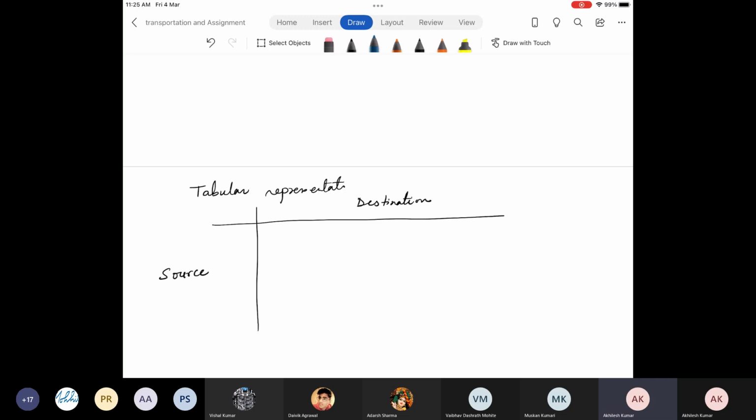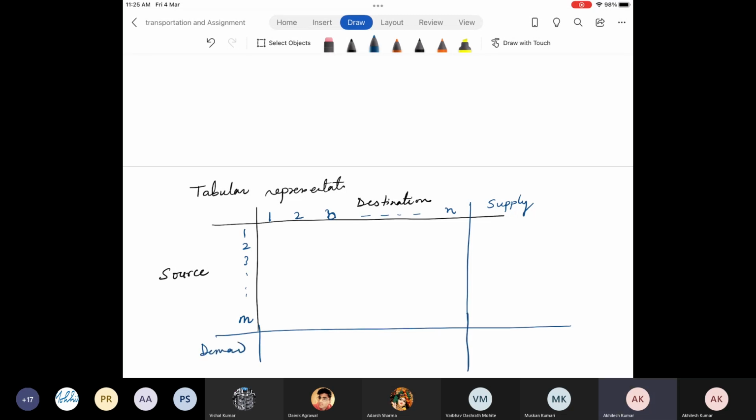So I have 1, 2, 3, up to M sources and N demand points. On this side, I will write the total supply for each one. On this side, I will write the demand for each node.